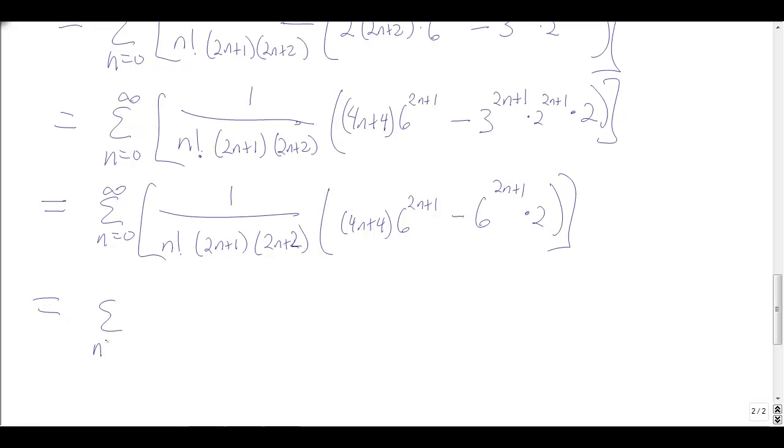And what that's going to allow me to do is factor out this 6 to the 2n plus 1 from both of the terms. So I'll get a 6 to the 2n plus 1 over n factorial times 2n plus 1, 2n plus 2. And what I'm left with is 4n plus 4 from the first term minus 2, the coefficient of 6 to the 2n plus 1 in the second term.